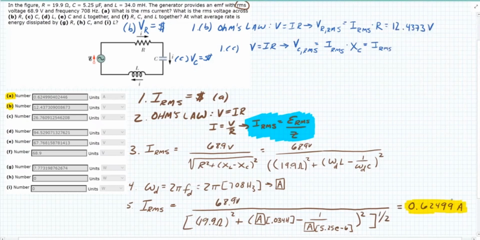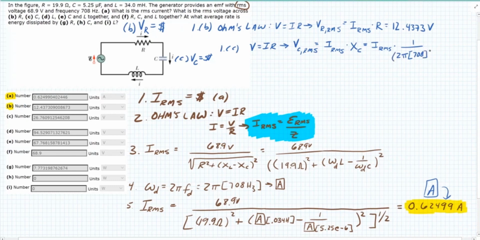which is sitting there. Hopefully I put mine back in calculator memory location A. All right, times the capacitive reactance. And here's the capacitive reactance: 1 over omega, and omega is 2 pi times the frequency, 708.